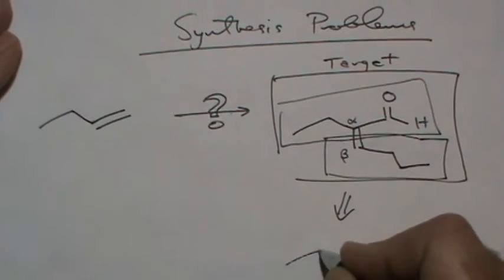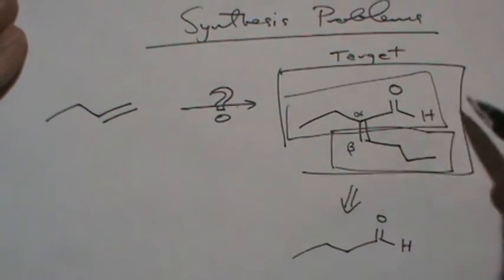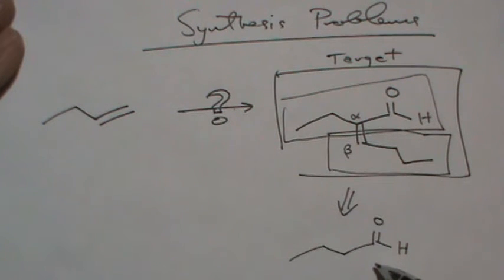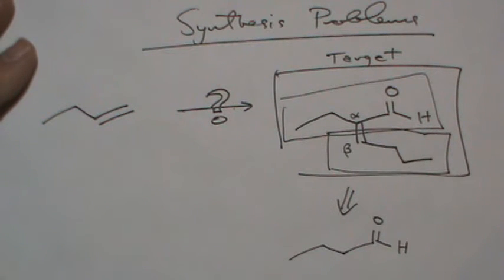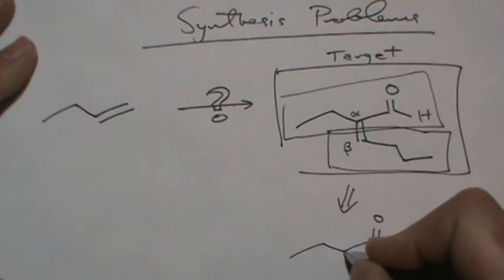In other words, this alpha-beta unsaturated product came from this exact aldehyde right here. Plus what? Plus nothing.